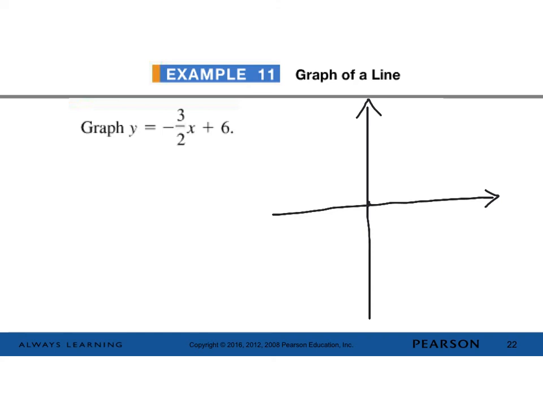Remember, the origin is here. When you're going to graph y equals negative 3/2 x plus 6, what you want to do is you first notice that plus 6 means that this is going to cross the y-axis at 0, 6. So we're going to have our x-axis, and this is our y-axis.